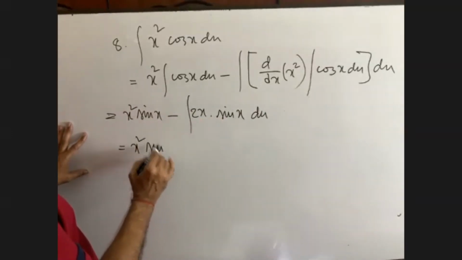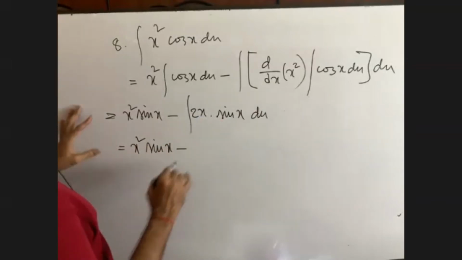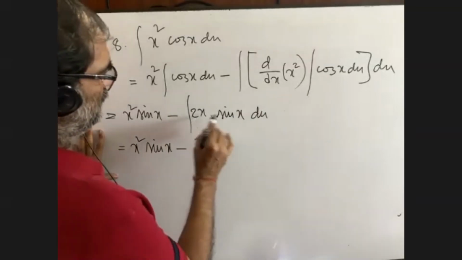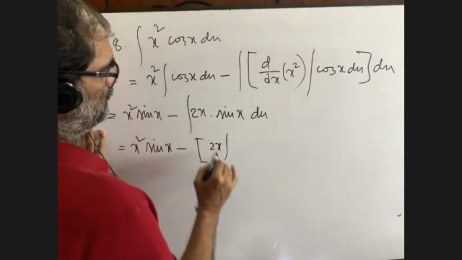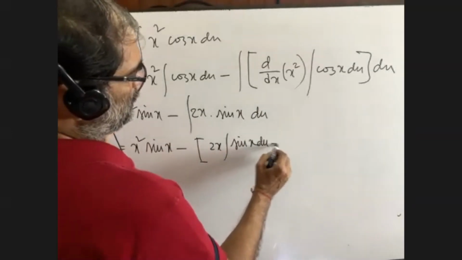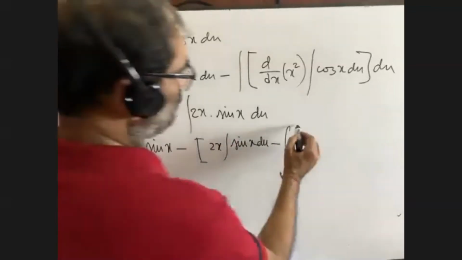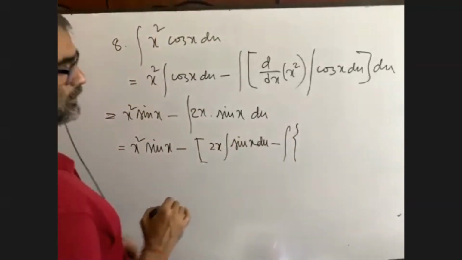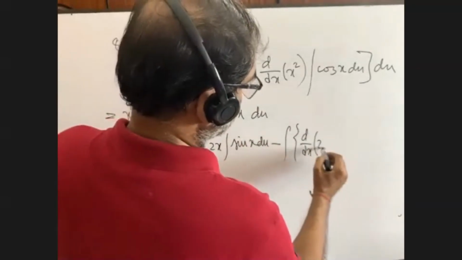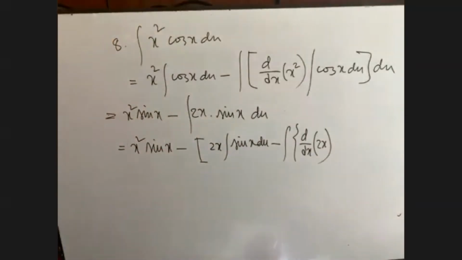X square sin x minus, we are going to give you a third bracket here. So this is u, suppose this is u, sin x dx, minus again integration, we are giving here second bracket. So d by dx 2x. 2x has been laid here as by u.